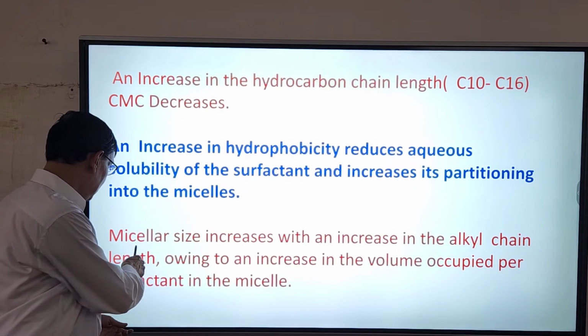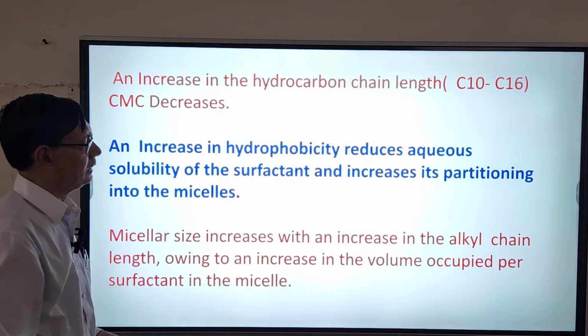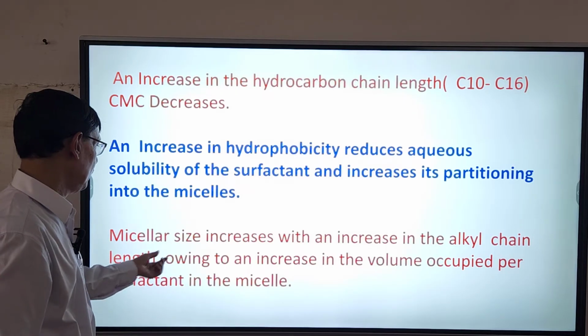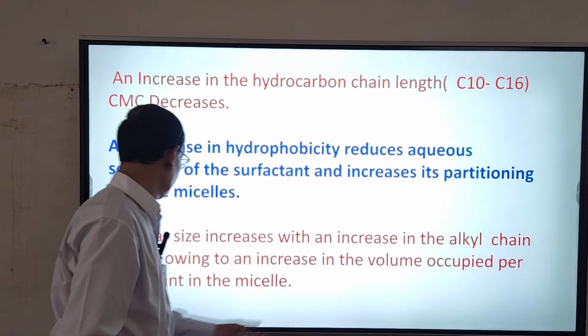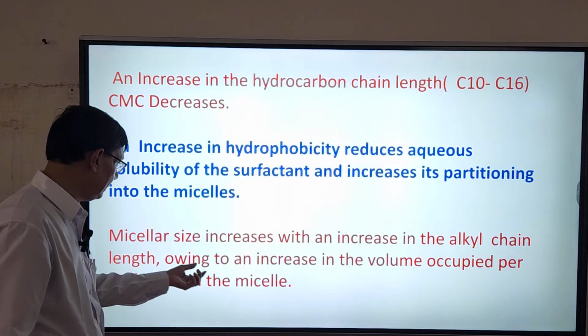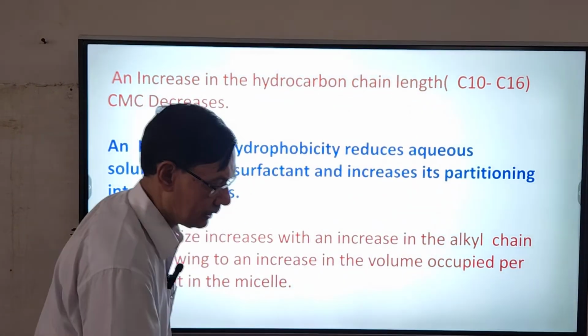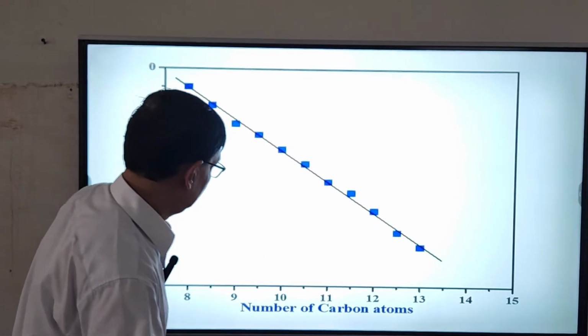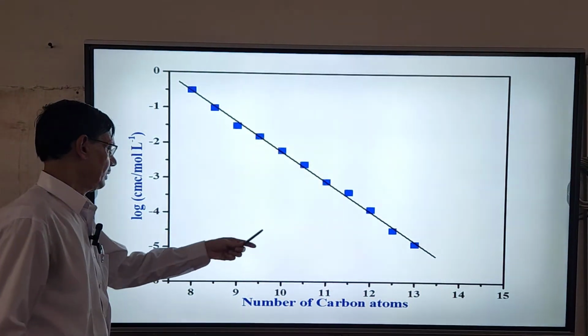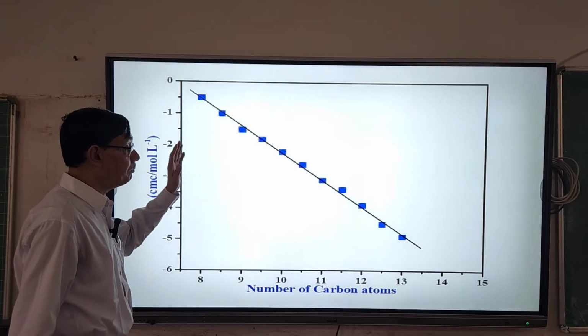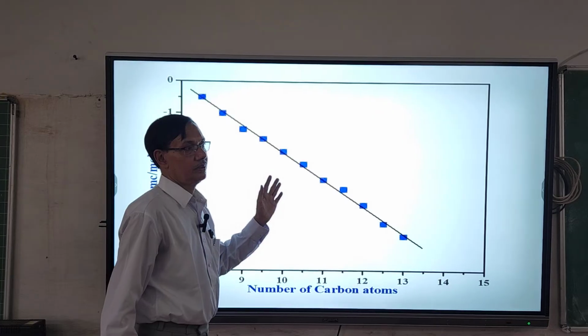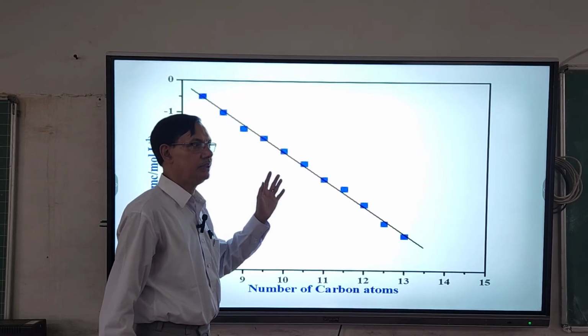Then micellar size increases with an increase in the alkyl chain length, owing to an increase in the volume occupied by the surfactant in the micelles. So that is the reason for that. And there is a relationship. Again, it is an empirical relationship. Again, I am telling you, there is no scientific reason for that.